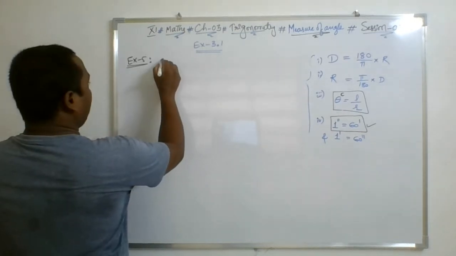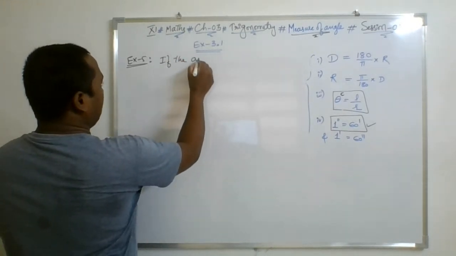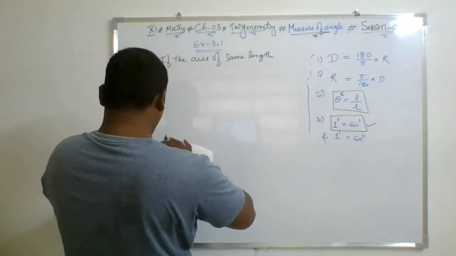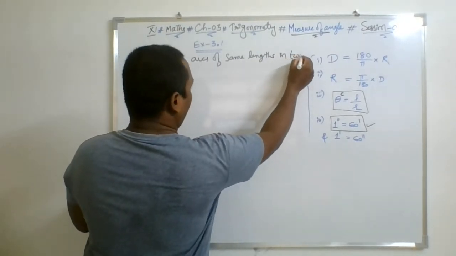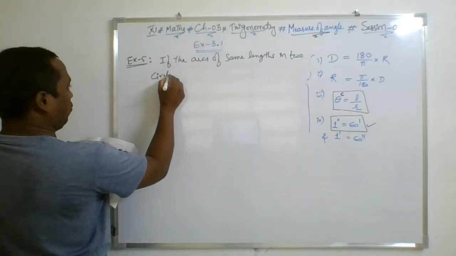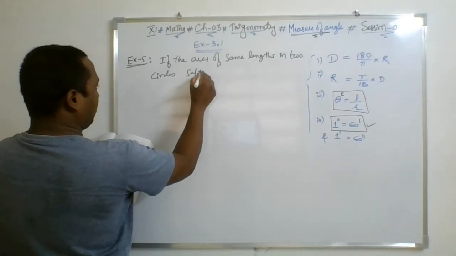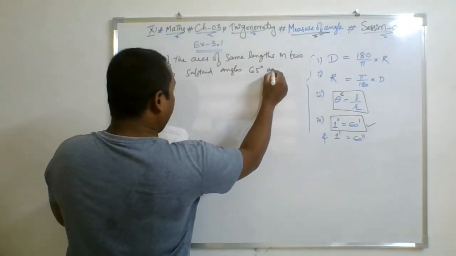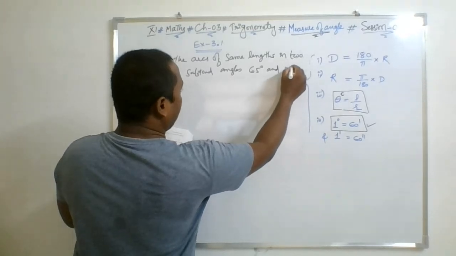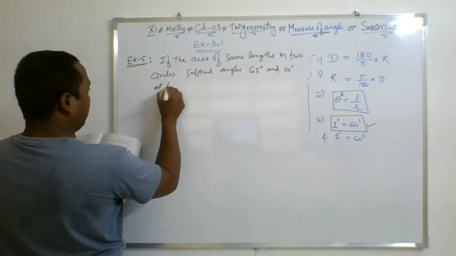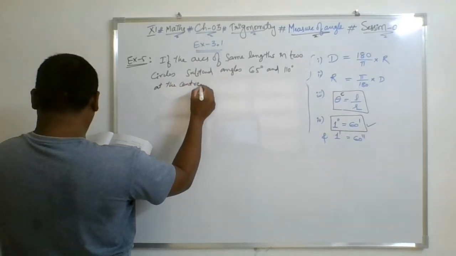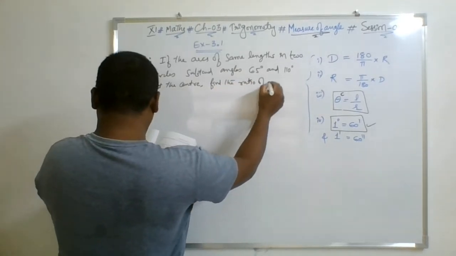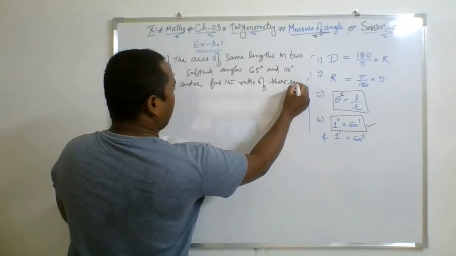If the arcs of same length in two circles subtend the angles 65 degree and 110 degree at the center, find the ratio of their radii.